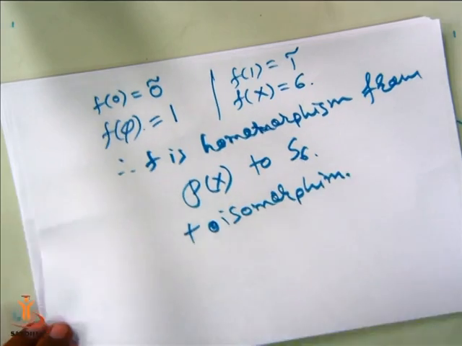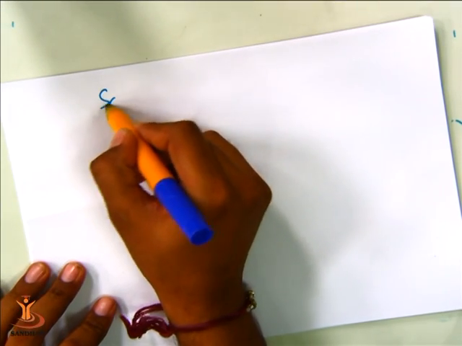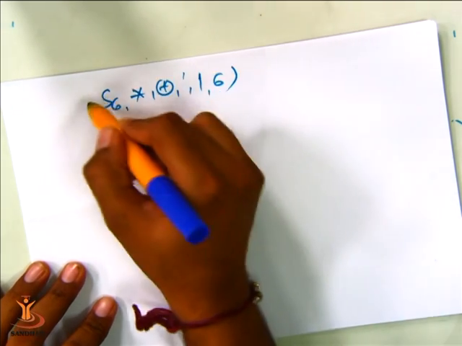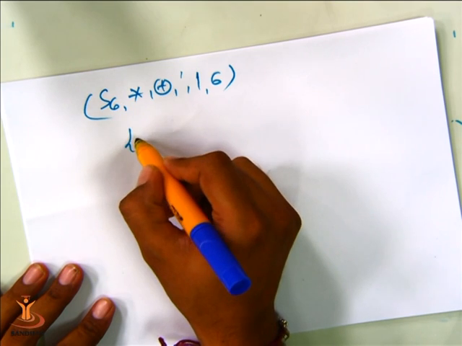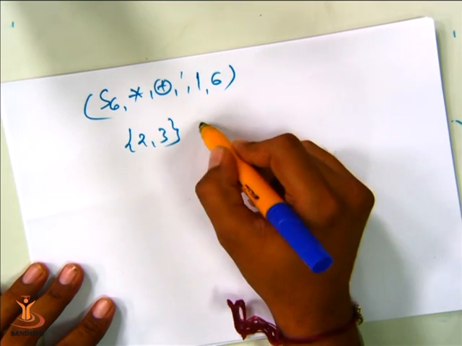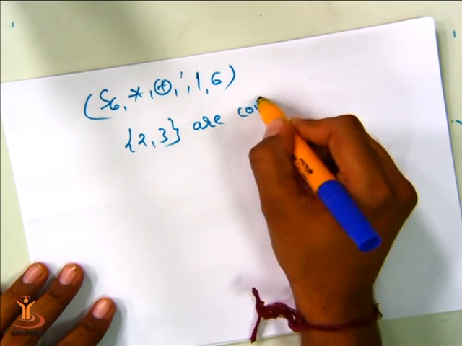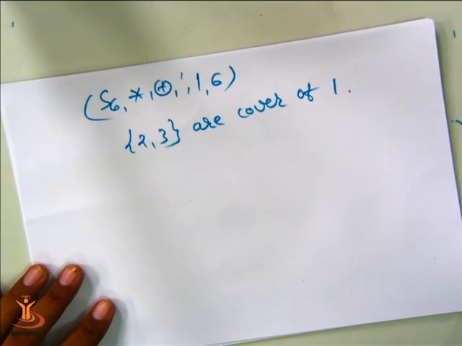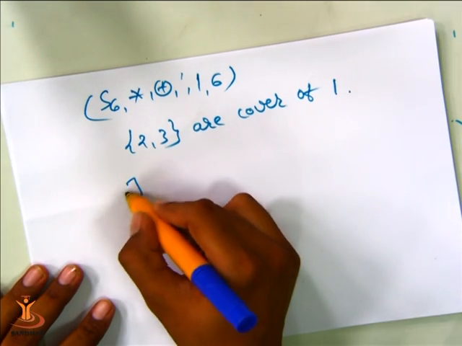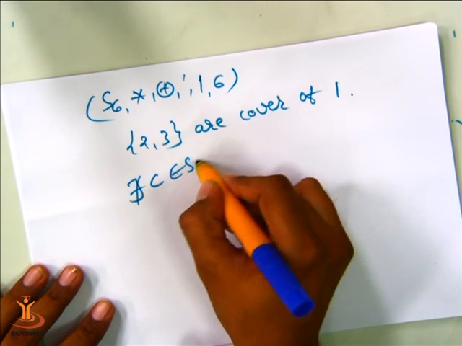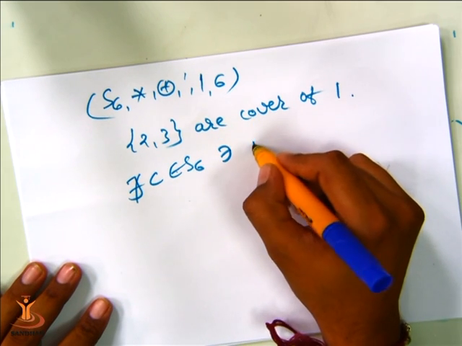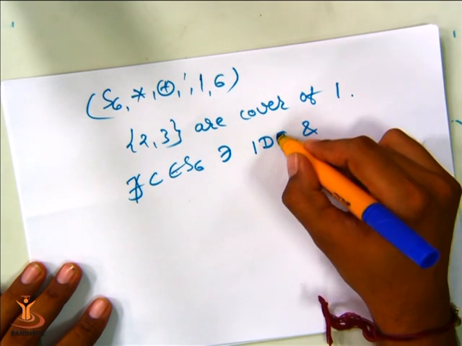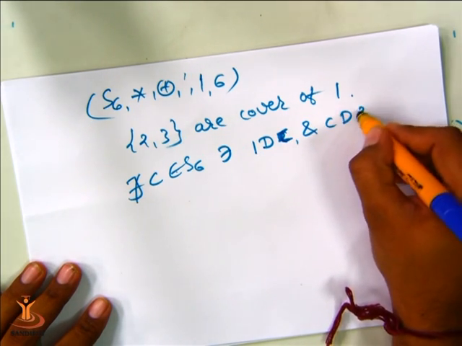For example, if we take S6 with star, ring sum, dash, 1, 6, then 2 and 3 are covers of 1, that is, 1 is the 0 element of S6, because there does not exist C in S6 such that 1 divides C and C divides 2.